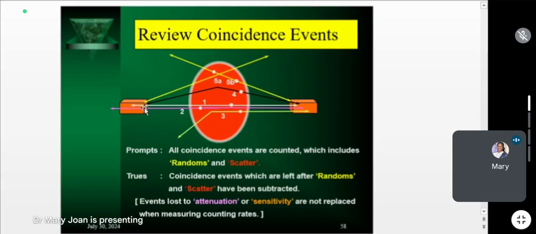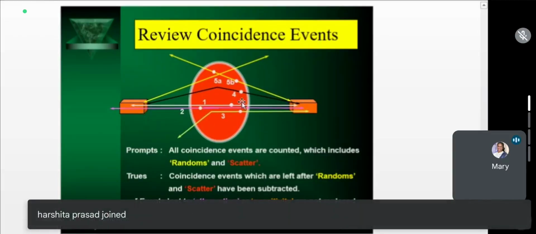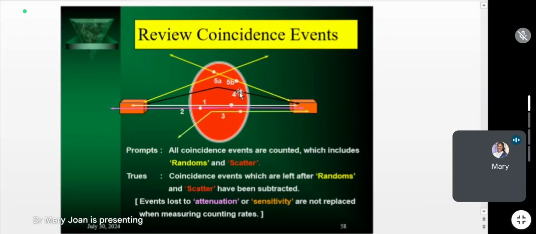The annihilation actually took place here, but the detector is considering it as if it took place on the direct line over here. So this could happen. And you can see 5A and B. There are two annihilation events.